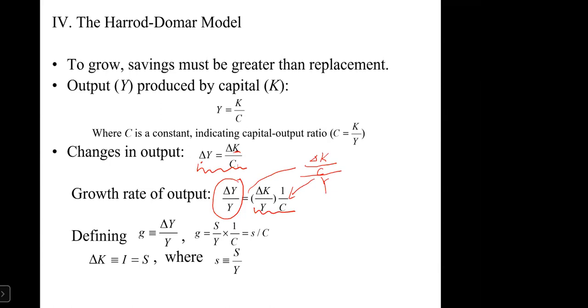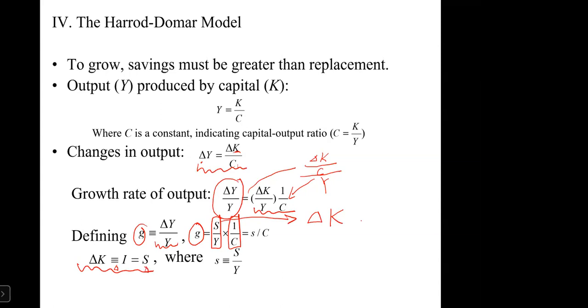If we define G as the output growth rate, then G equals delta K divided by Y times 1 over C. And then what is S? S is saving. But where does saving come from? It comes from changing capital. Changing capital is defined as investment, and investment comes from saving.